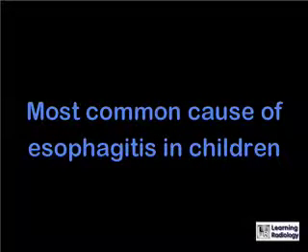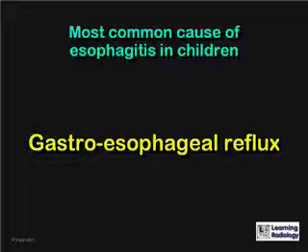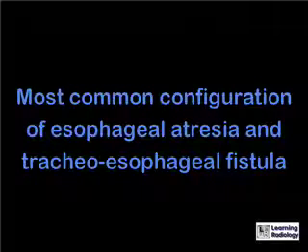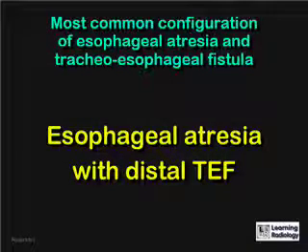What is the most common cause of esophagitis in children? Gastroesophageal reflux. What is the most common configuration of esophageal atresia and tracheoesophageal fistula? Proximal esophageal atresia with a distal TEF.